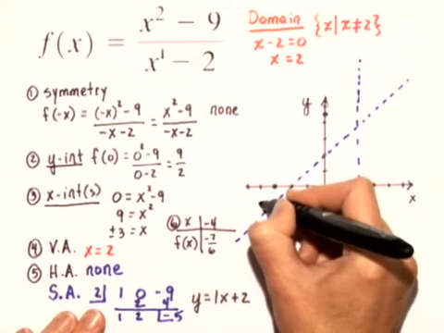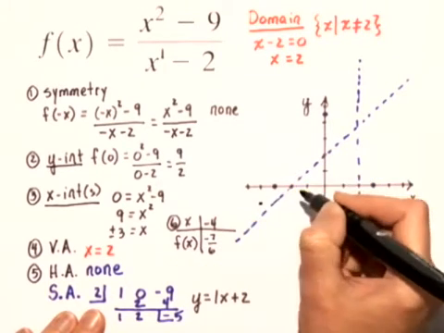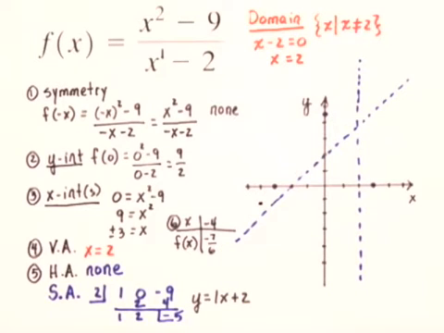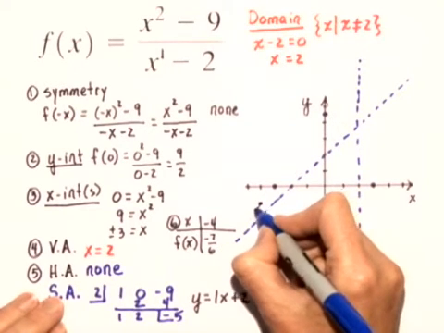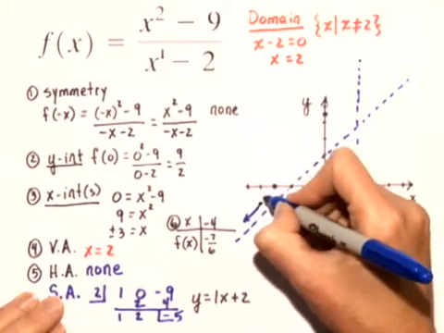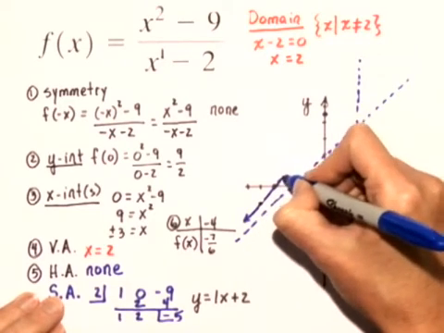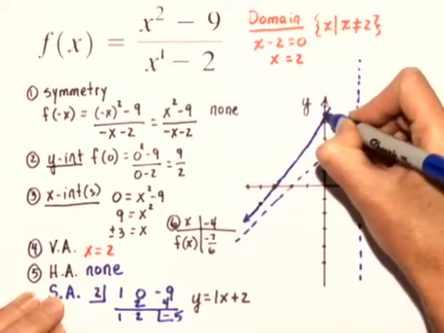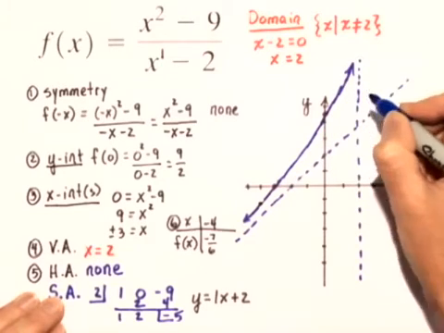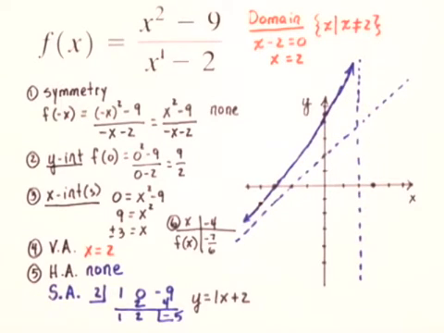So negative 4, negative 7/6 is right about here. And we know that when we graph this and sketch it, the graph will tend toward the asymptote. So we'll connect these intercepts and sketch that part of the graph in there.